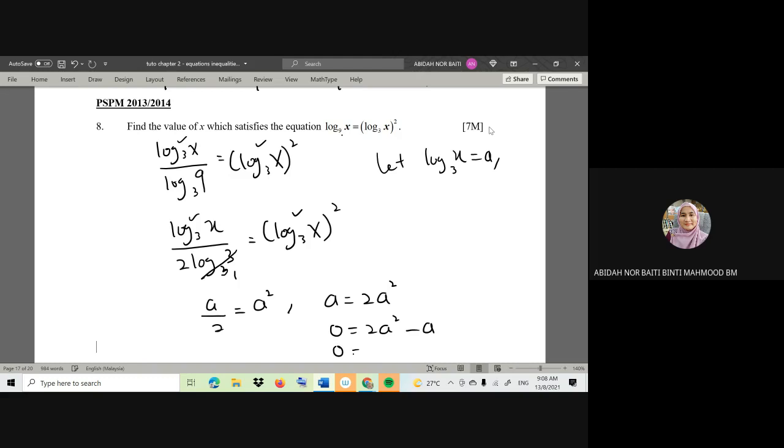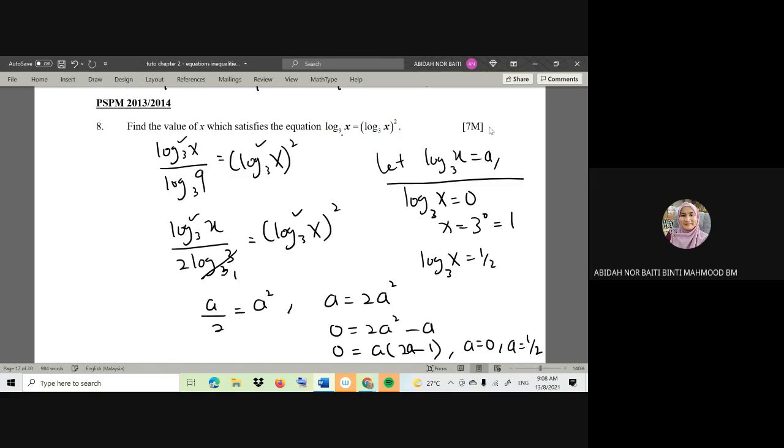Okay, and factorize. 2a minus 1 kan. Okay, therefore a is 0, a is half. So ganti balik kat situ lah. Log x base 3 equal to 0. Change to index form. 3 power 0 is 1. Okay, lagi log x base 3 equals to half. Change to index form. X equal 3 power of half kan. Set 3 lah.